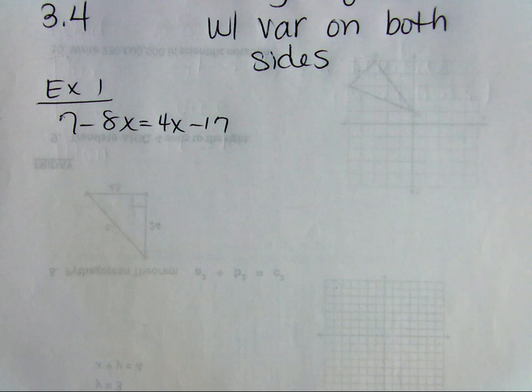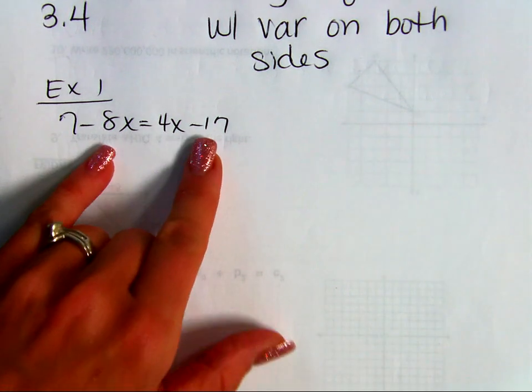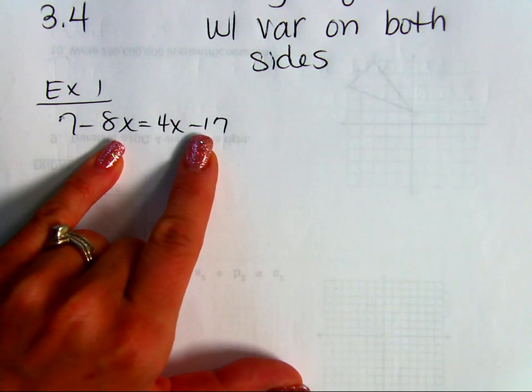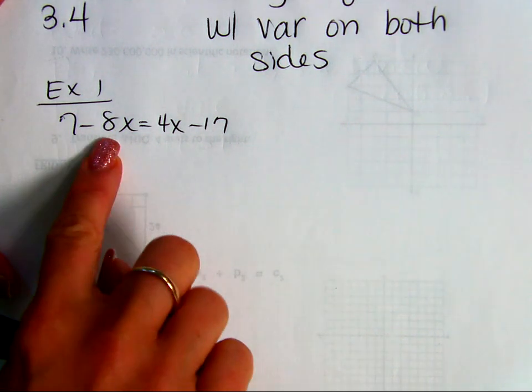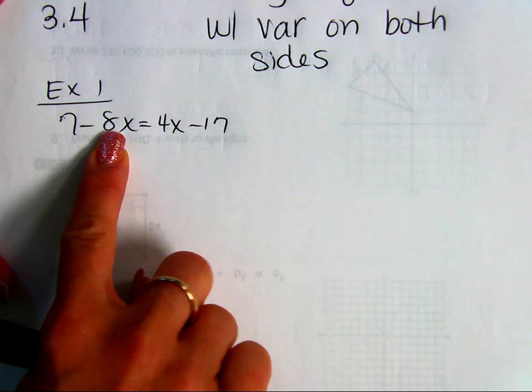Remember how I said when you're solving all the other ones, your goal is to get it to look like a two-step equation, right? So like 5x plus 3 equals a number. This is as simple as it gets when you have variables on both sides. On both sides, there's a constant and a coefficient term with the variable.